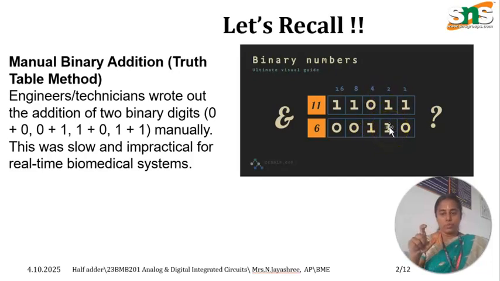So 4 plus 2 is what? 6. We need to write the decimal equivalent for this particular binary, add these numbers one by one, and finally get the answer. So this was very slow and impracticable in real-time biomedical systems.